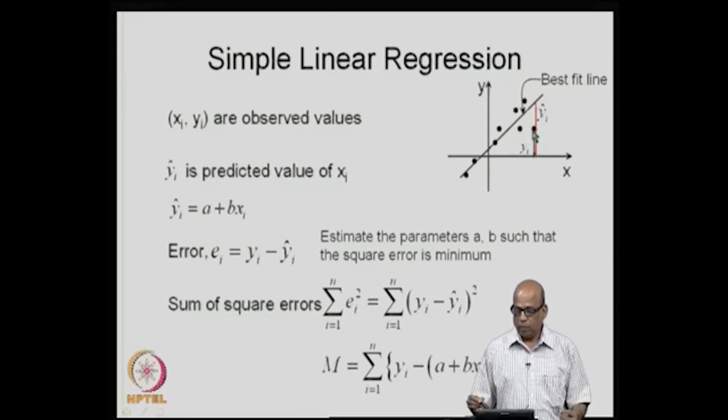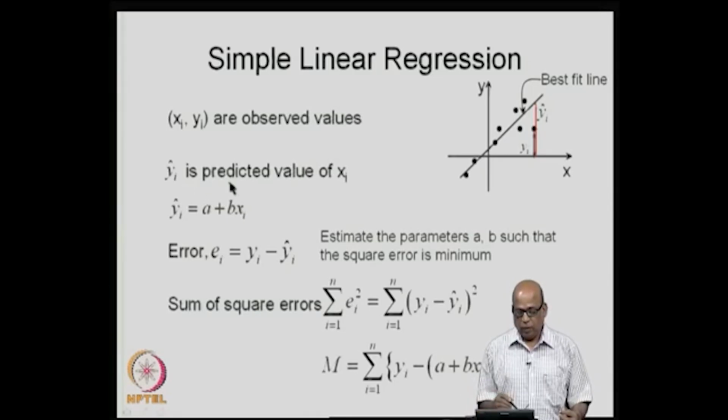For a given x_i we have y_i, the observed value, and if you fit this best fit line you would have the predicted point at this location, which we denote as y_i cap. So y_i cap is the predicted value, y_i is the observed value. Like this, for every point you have the observed value as well as the associated predicted value, which lies on the line.